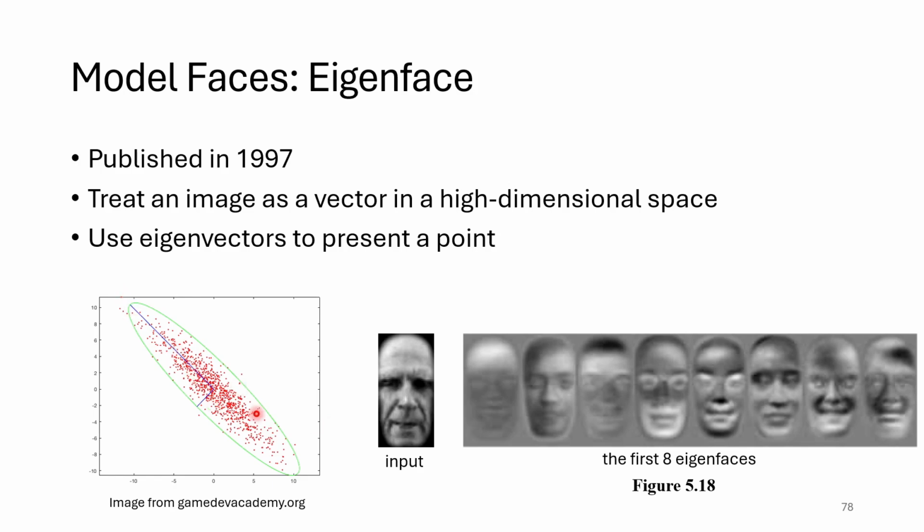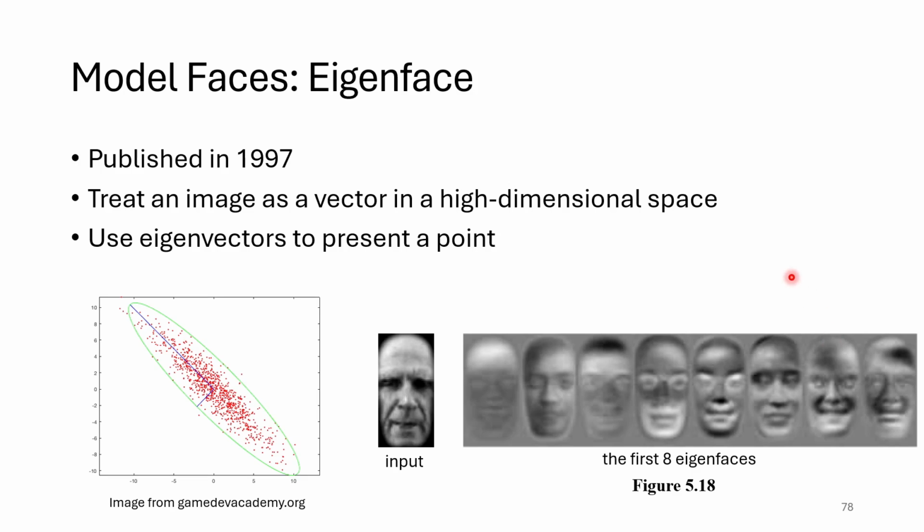For them, it's just a vector to those principal components. It means those orthogonal axes in the high-dimensional space will generate the projected result. From this example, this is a given input image. The first eigenfaces, it means the first projected images on the 8 principal components are 1, 2, 3, 4, 5, 6, and 8.